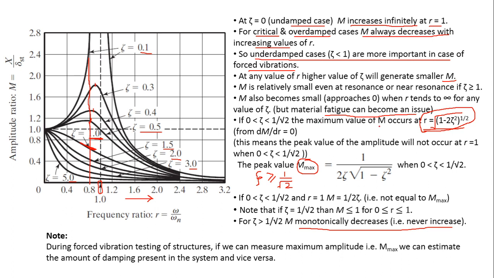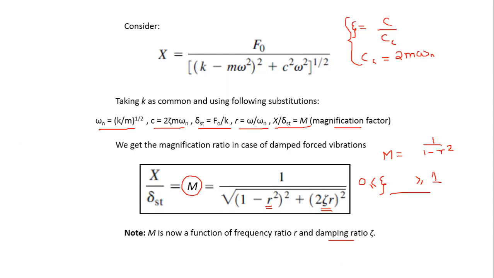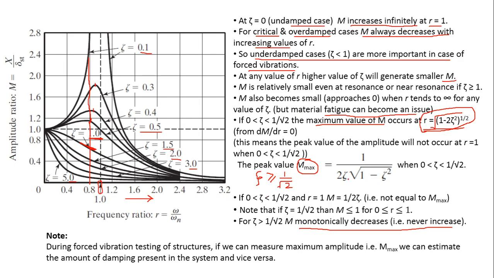So the peak value of m will be at r equals under root 1 minus 2 zeta square. And if we substitute r equals under root 1 minus 2 zeta square in this expression for m, we get the maximum value of m, and that is given by this expression.